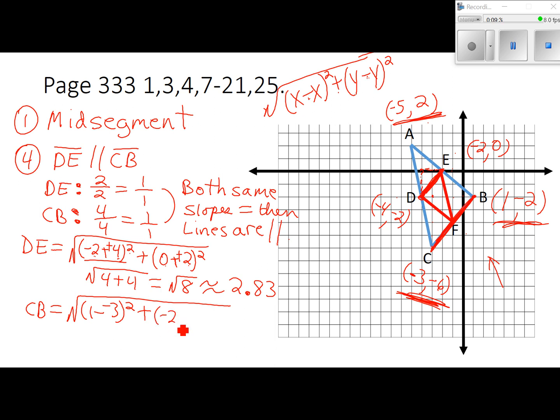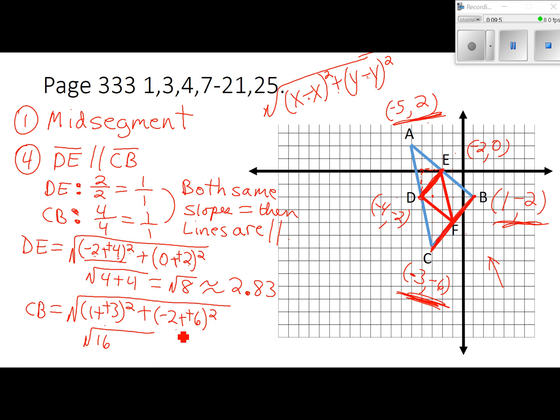So -2 minus a -6, squared. Change that to a plus, change that to a plus. This first part, we got 1 plus 3, that's 4. 4 squared is 16. So for the first part there, we got 16.